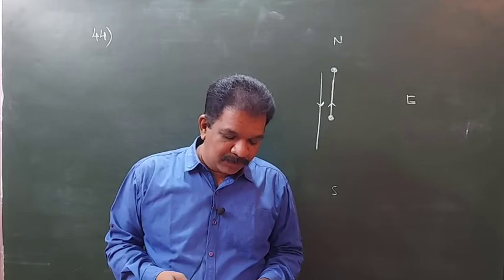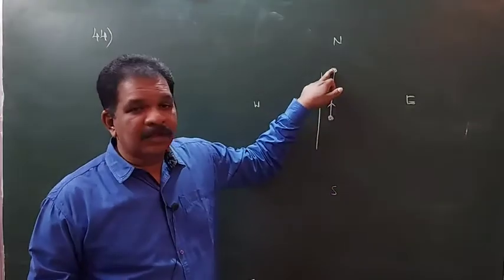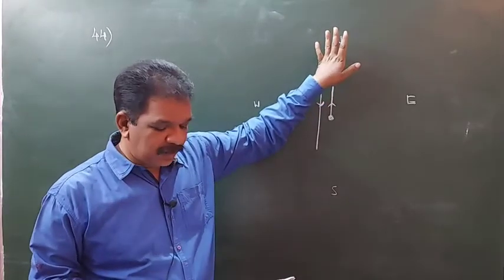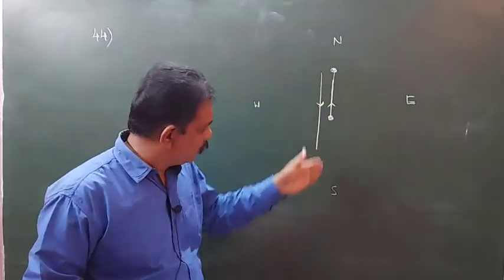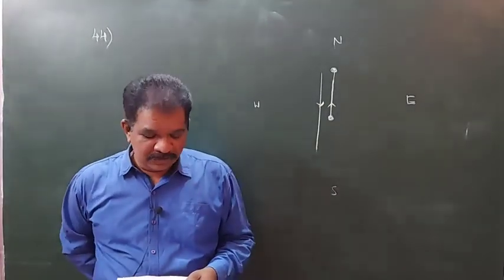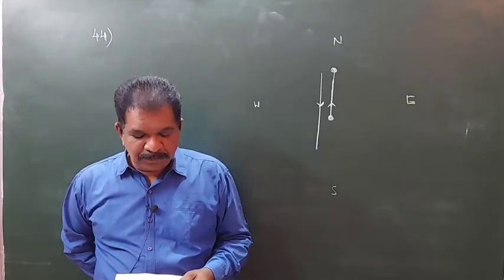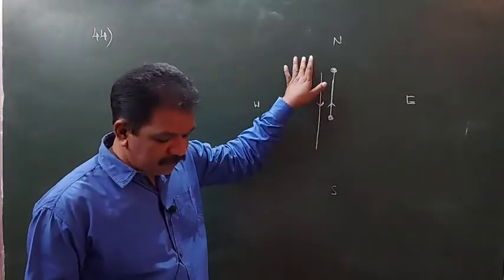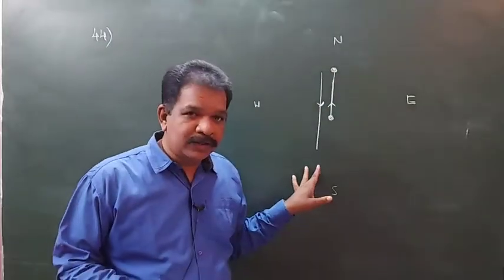What is the option? It eventually stops. Here he changed the propeller direction, so it stops there and it will remain stopped only. That is wrong. It is moving in this direction, so the first option is wrong. It eventually stops and then speeds up in the forward direction. No. It eventually stops and then moves in the opposite direction.